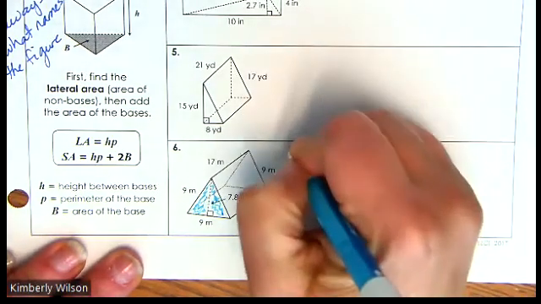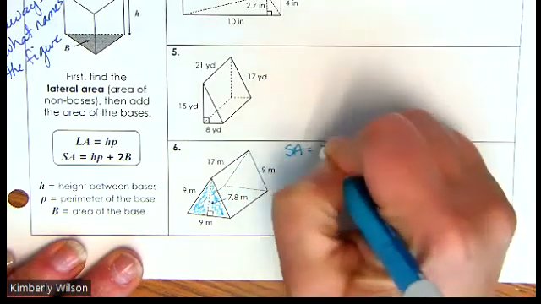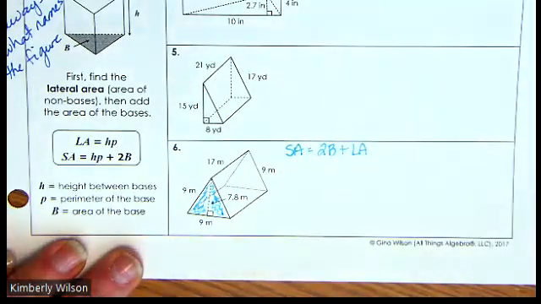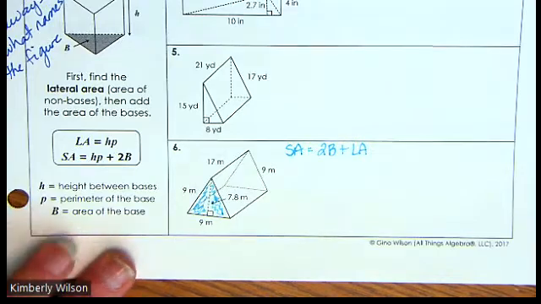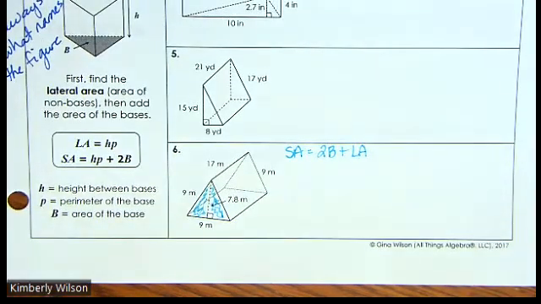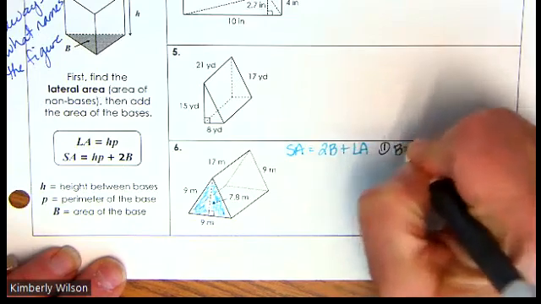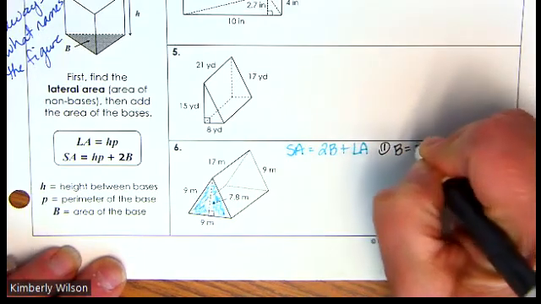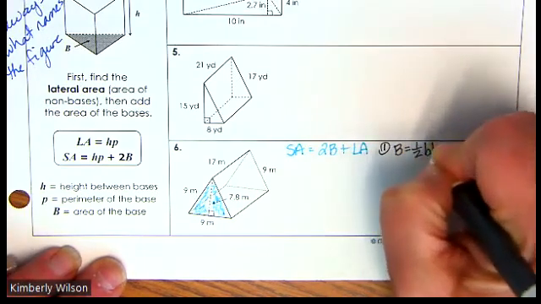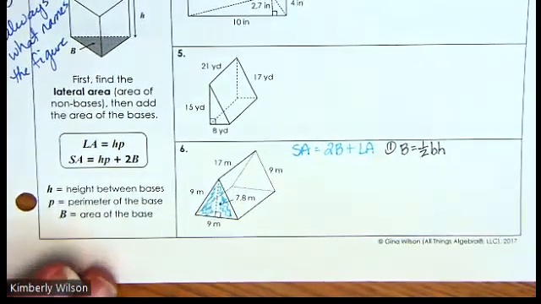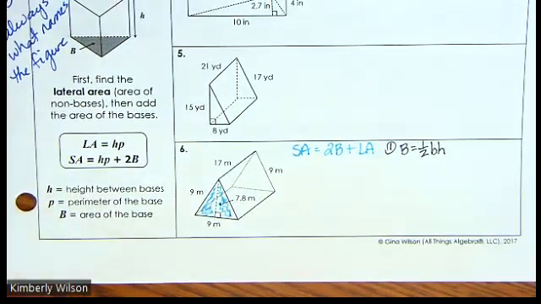First formula. Surface area equals 2B plus the lateral area. So what's the first thing I need to find? The B. Step 1. Capital B, that's going to be found by 1/2 base times height, because that's the formula for a triangle.